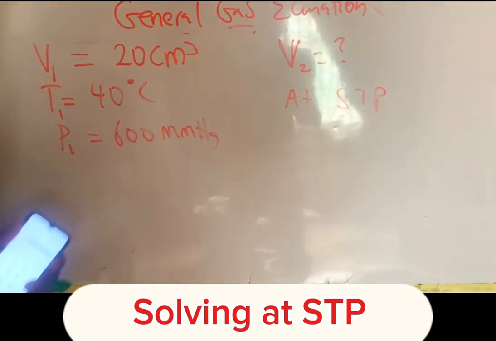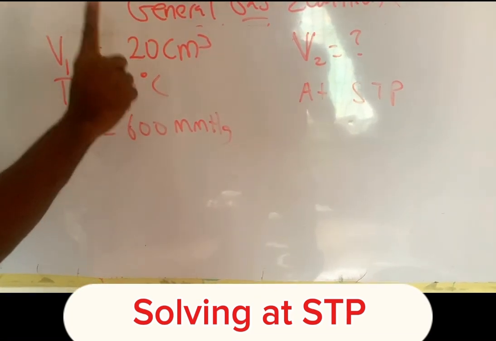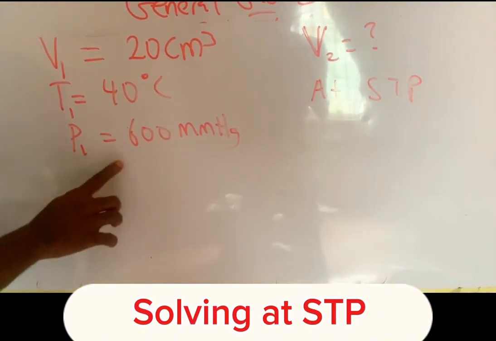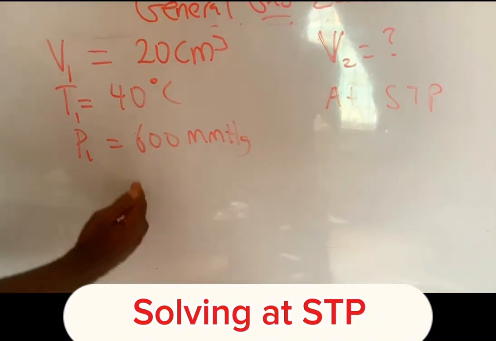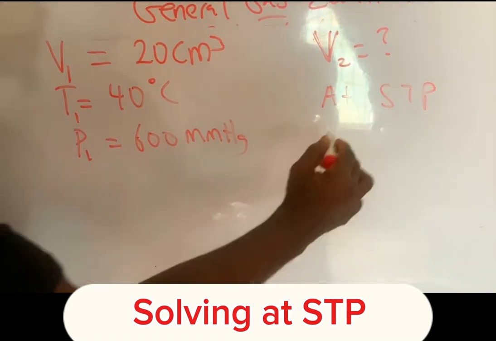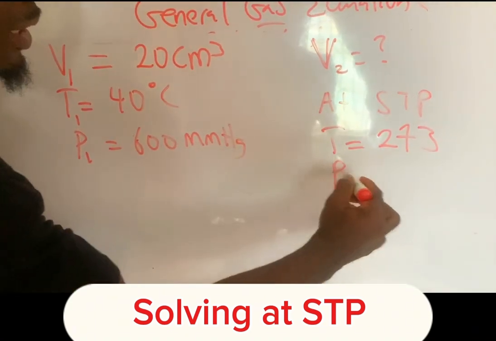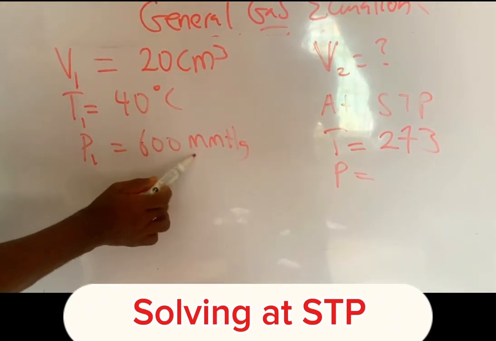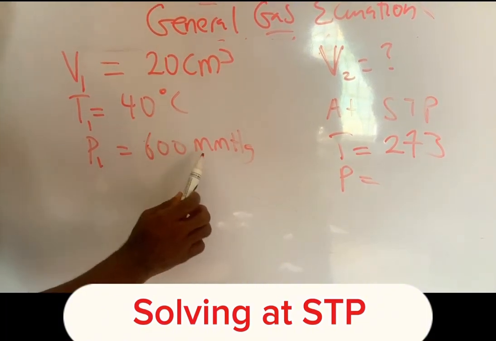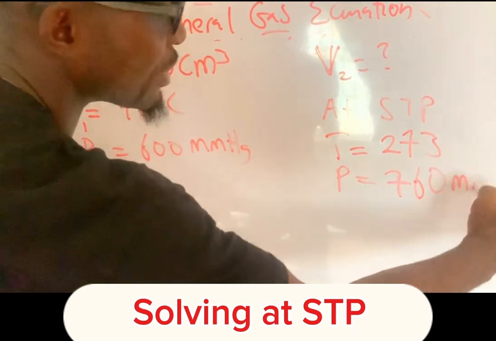Now, here is the question on the board. We have our volume 20 cm3, that's my volume 1, temperature 40 degrees Celsius, and my pressure is 600 millimeter mercury. Now we are asked to solve for the new volume at STP. Remember, at STP, temperature is 273. And pressure, in this case, is given in millimeter mercury, so the standard pressure is 760 millimeter mercury.